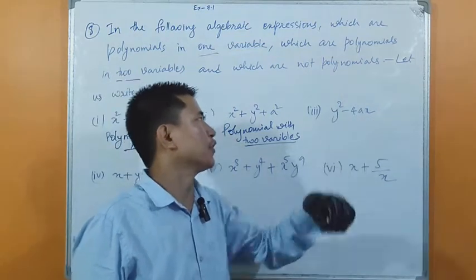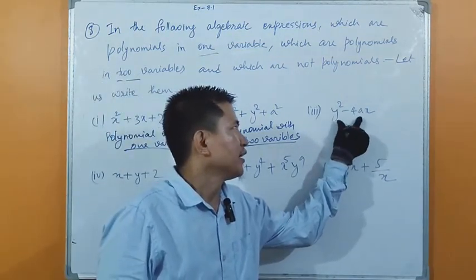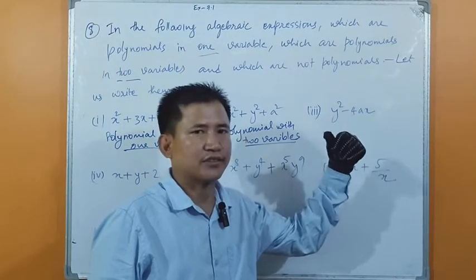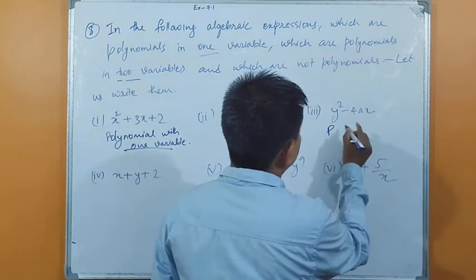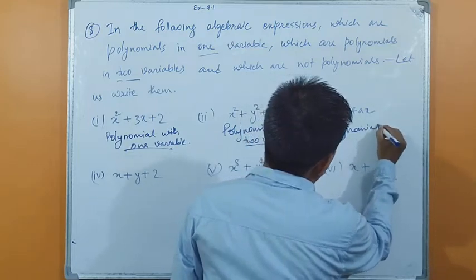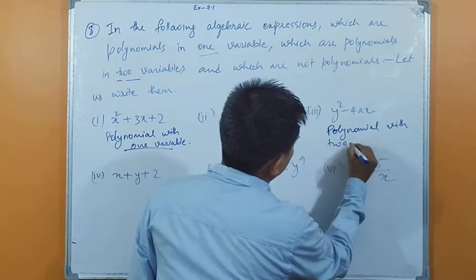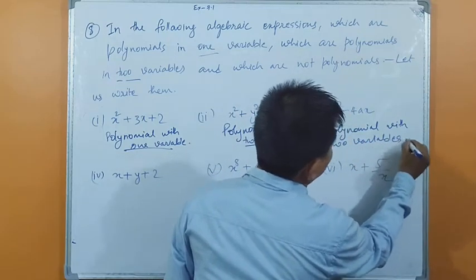So this is a polynomial, and the variables are y and x. There are two variables. So this is a polynomial with two variables. Got my point?